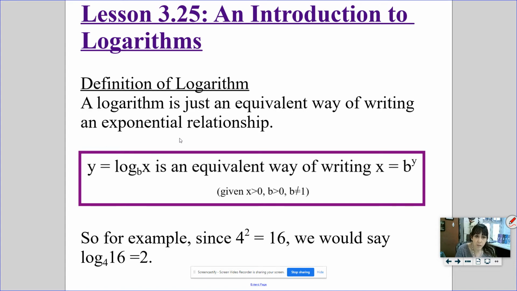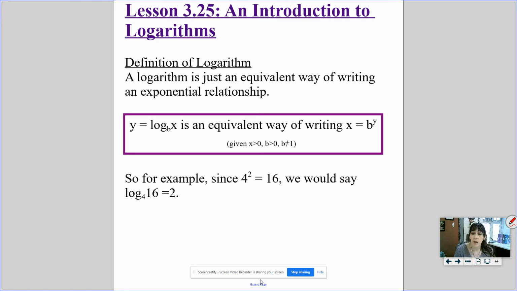So a logarithm is just an equivalent way of writing an exponential relationship. What we can do is use a logarithm, which we'll just call log, to define what's happening in an exponential function.